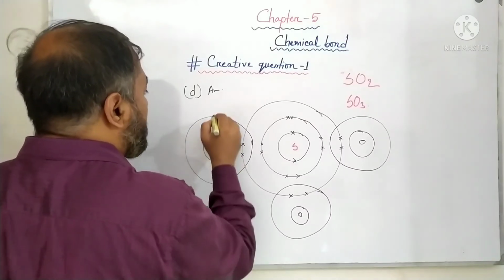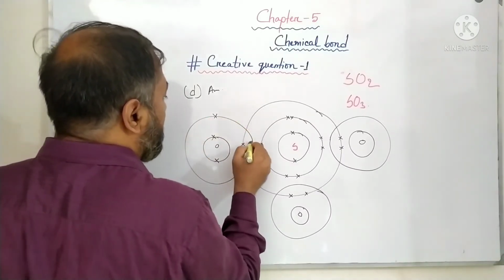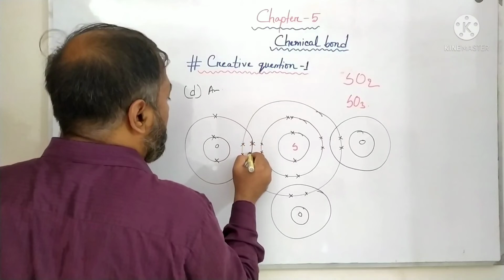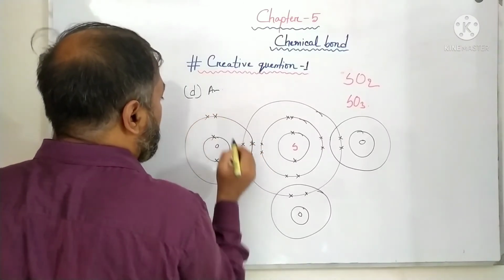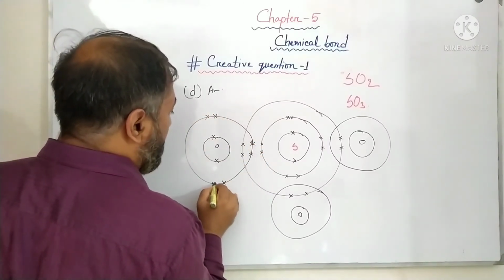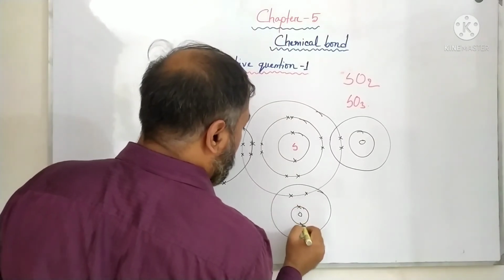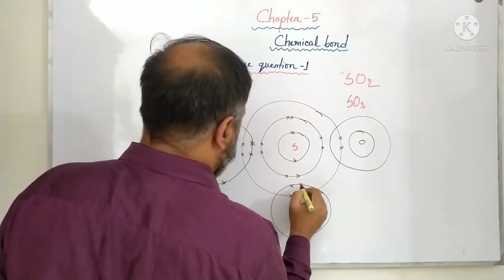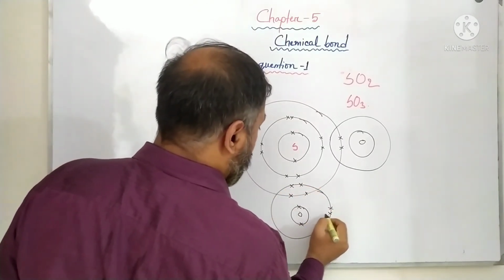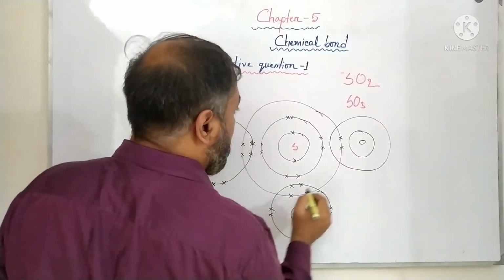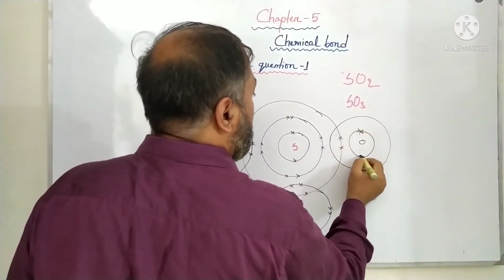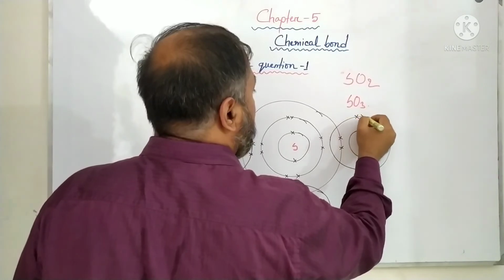So how many electrons are there in oxygen? Now, you can see clearly.